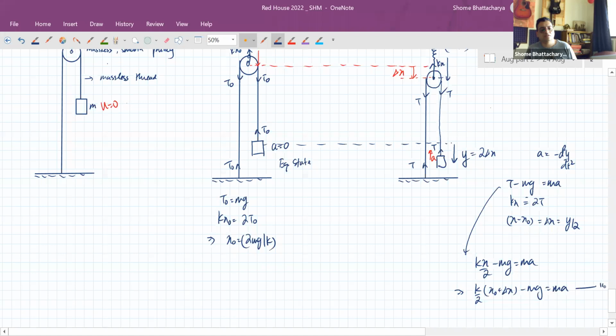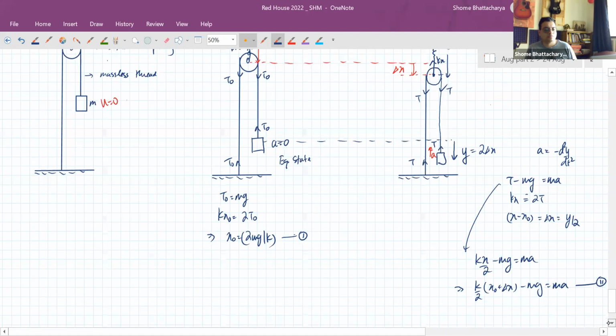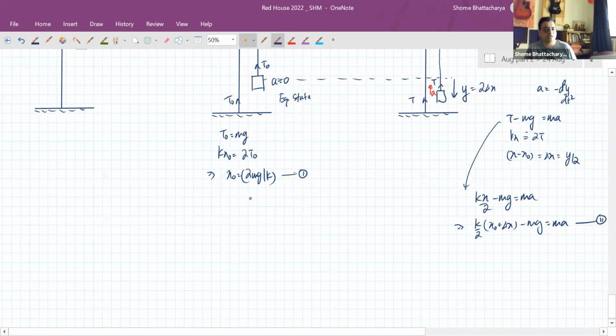So this is my equation number 2, whereas this was equation 1. Equation 1 is basically telling you that, so substitute that over here.